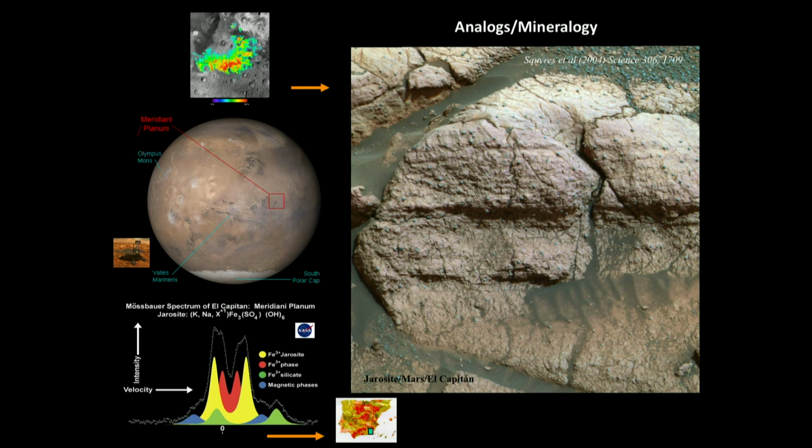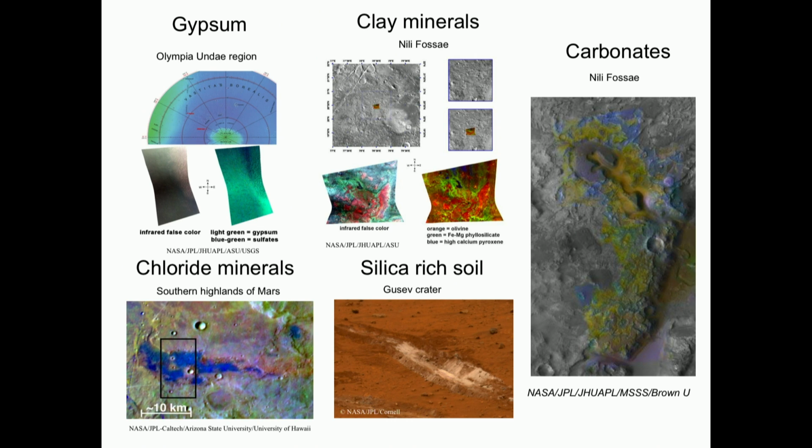After the discovery of jarosite, there are other areas which have been mapped for the identification of different minerals, like gypsum in the Olympia Undae region, clay minerals, chloride minerals, or silica-rich soil, or much more recently, carbonates, for example.